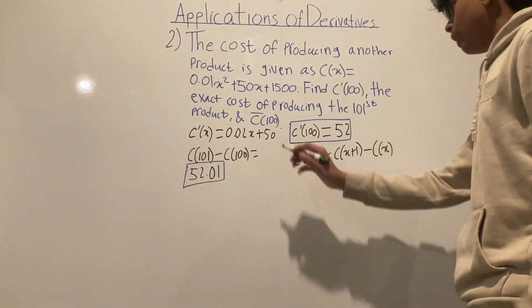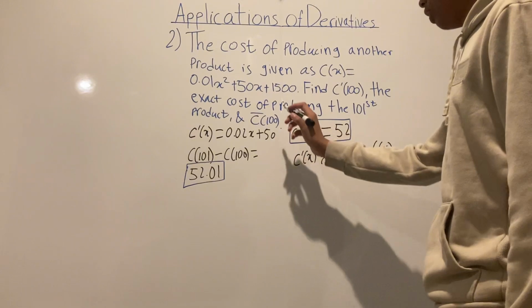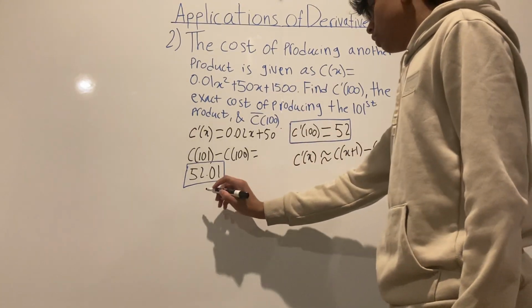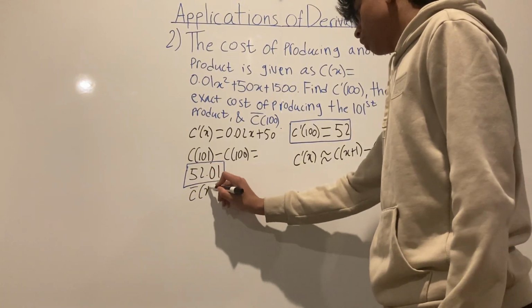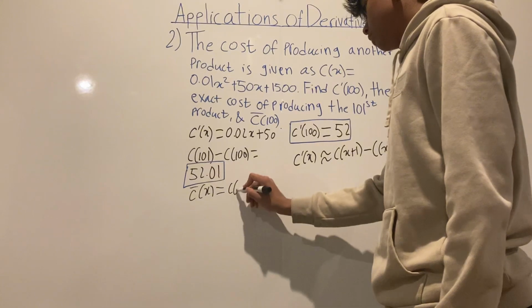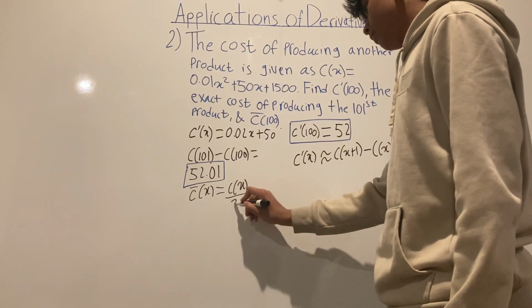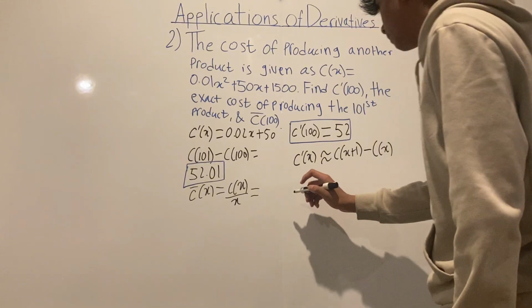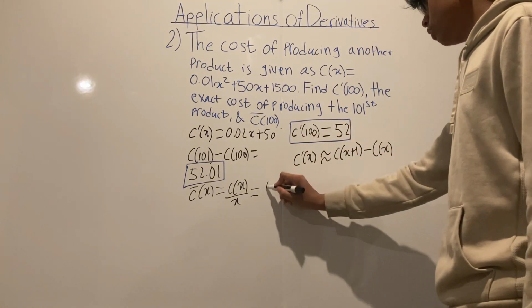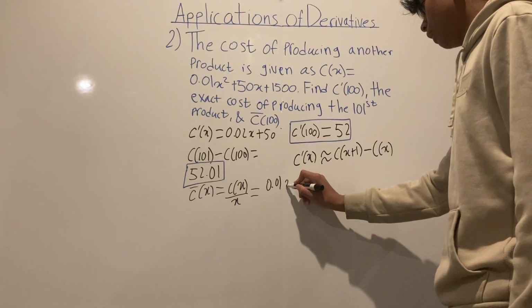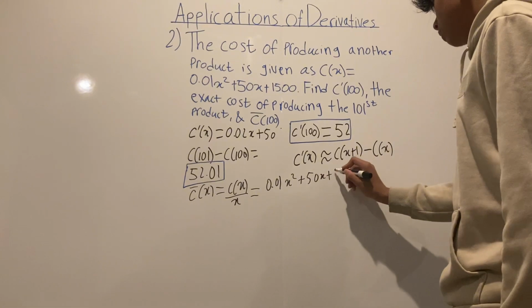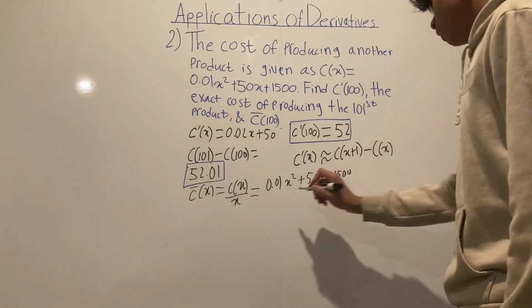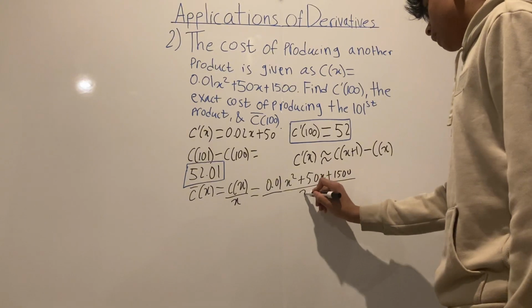And finally, we have to find the average cost of 100 Pokemon cards. So the average is going to be C of x divided by x. And this is just the cost function, 0.01x squared plus 50x plus 1,500, divided by x.